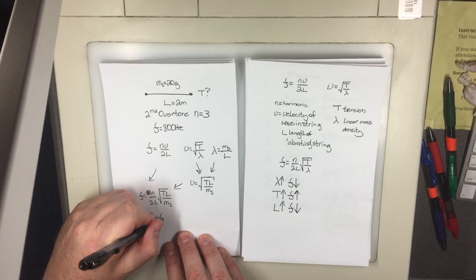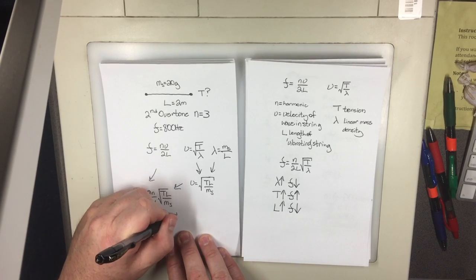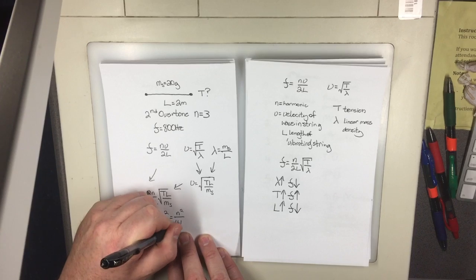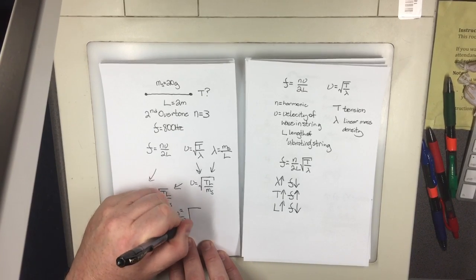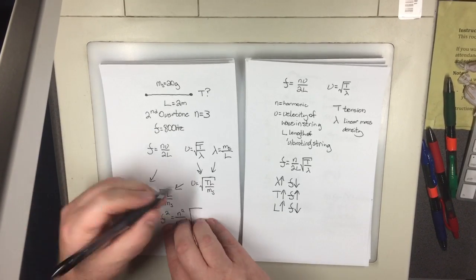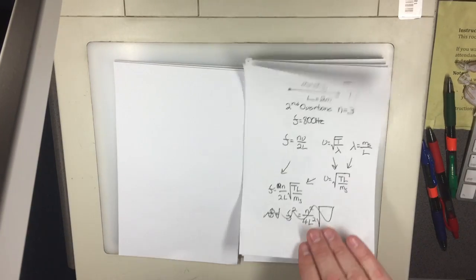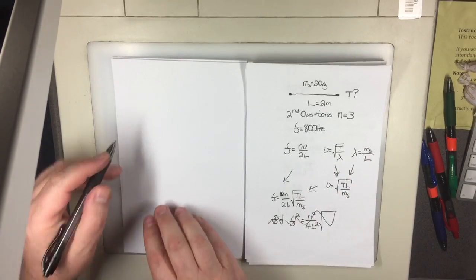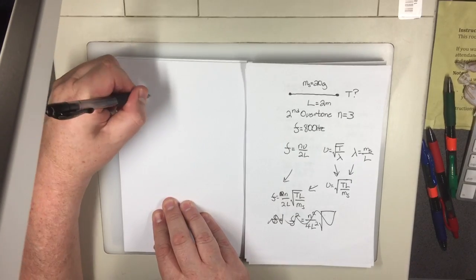Square it. F squared equals n squared over 4L squared. Oops. Oh, crud. Hold on. When squaring both sides, you've got to square what's under this as well.